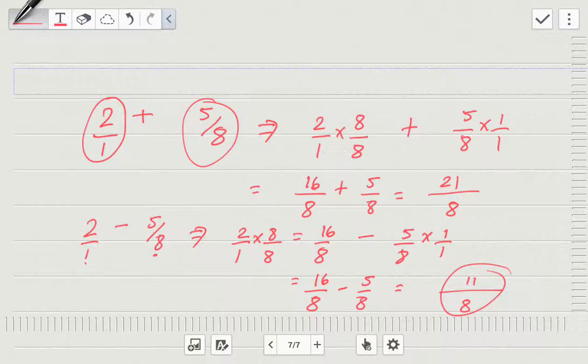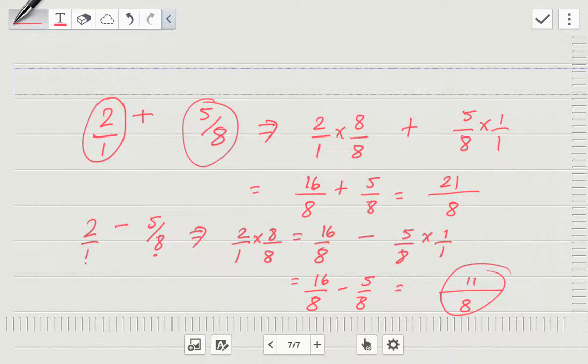That's all there is when dealing with multiplication, division, addition, and subtraction of fractions. The trick is in converting the bottoms, making the bottoms same. How do you make the bottom same? Choose a strategic number to multiply each fraction with.